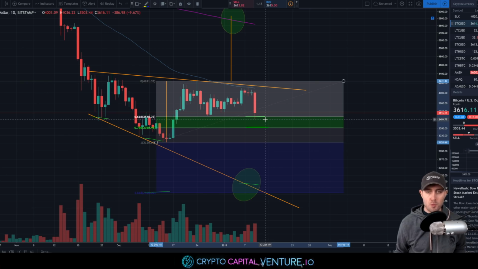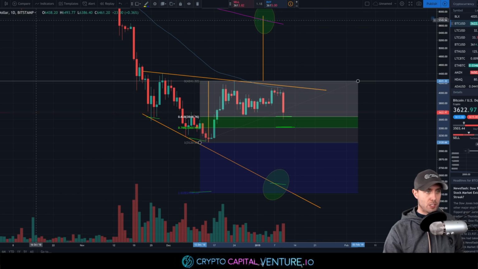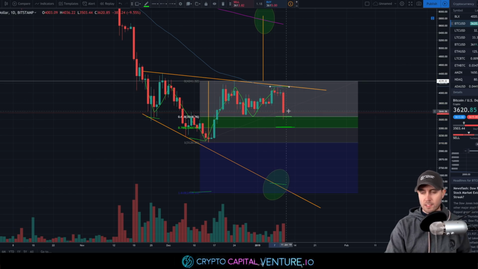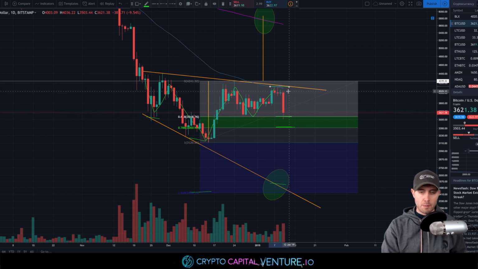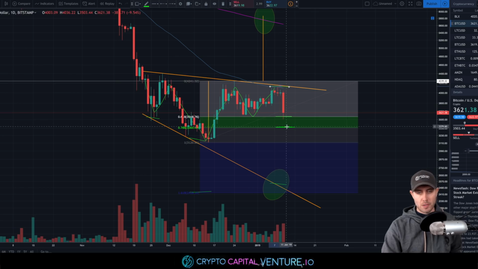And it could be a healthy move for Bitcoin. Obviously, we didn't break the neckline of this potential inverse head and shoulders. It failed. We knew it could, and you can see failure right there at the neckline, right there at the 50 EMA. That doesn't mean we won't have another shot at the 50 EMA, but right now the most important thing is to hold support right here at this Fibonacci channel.